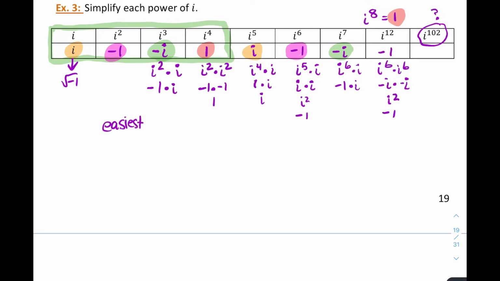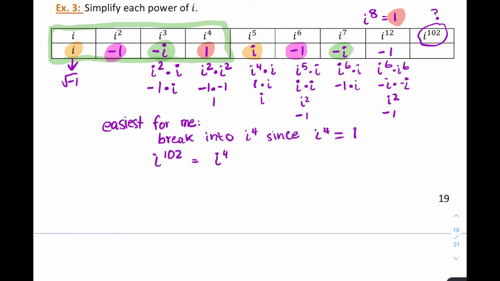So what I find easiest is if I break my power of i up into groups of 4, so like break it into i to the fourth, since i to the fourth equals positive 1, that's easiest for me. It's not the only way. So I'm going to think about how many i to the fourth I can make out of i to the 102nd power, because then I'll have a bunch of those that are all equal to 1 and some factors of i left over that I can simplify.